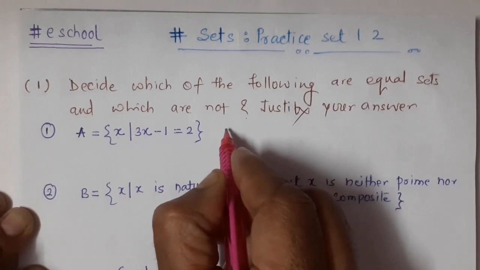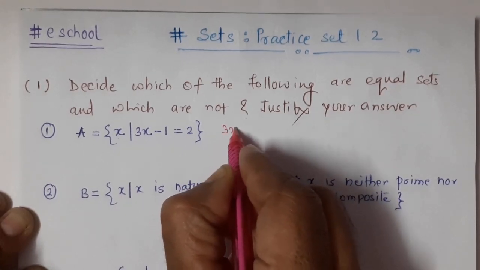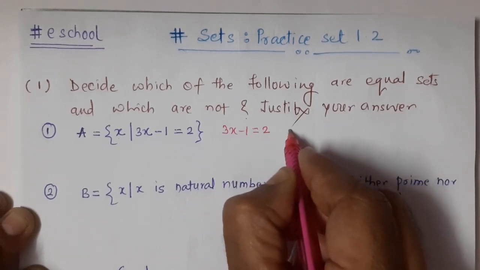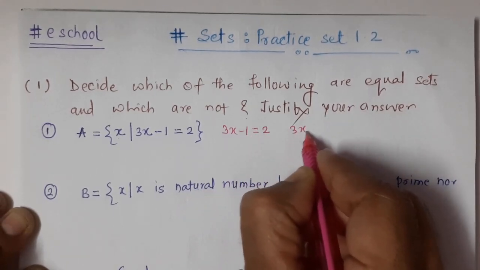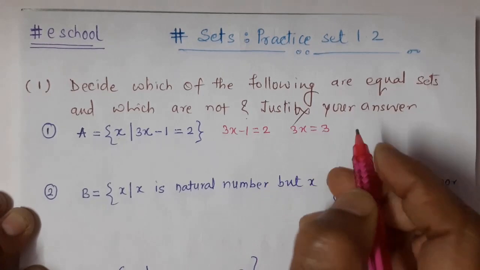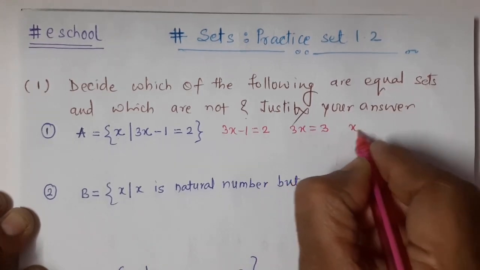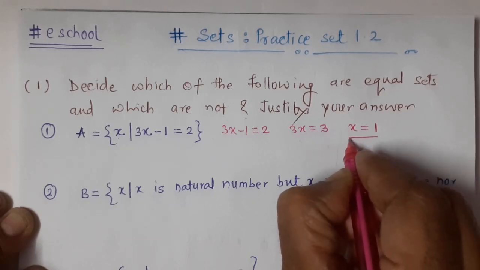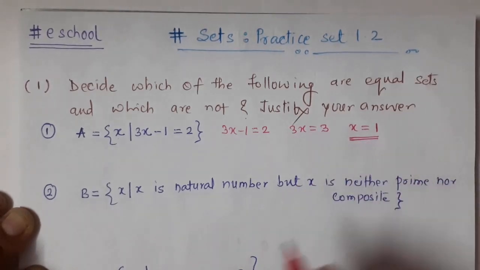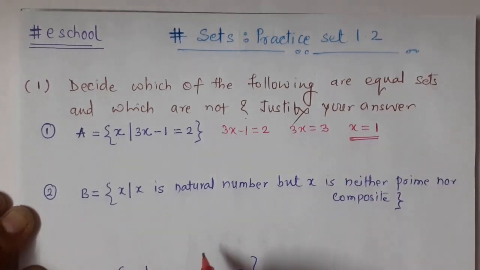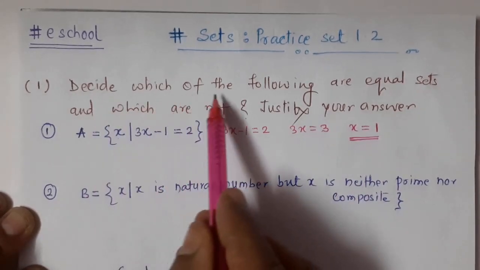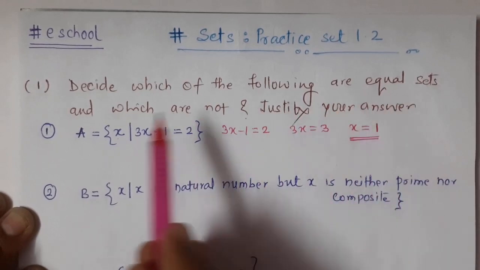When I solve this, 3x minus 1 is equal to 2, that means 3x is equal to 3. That's why x is equal to 1. That means the value comes out to be 1.